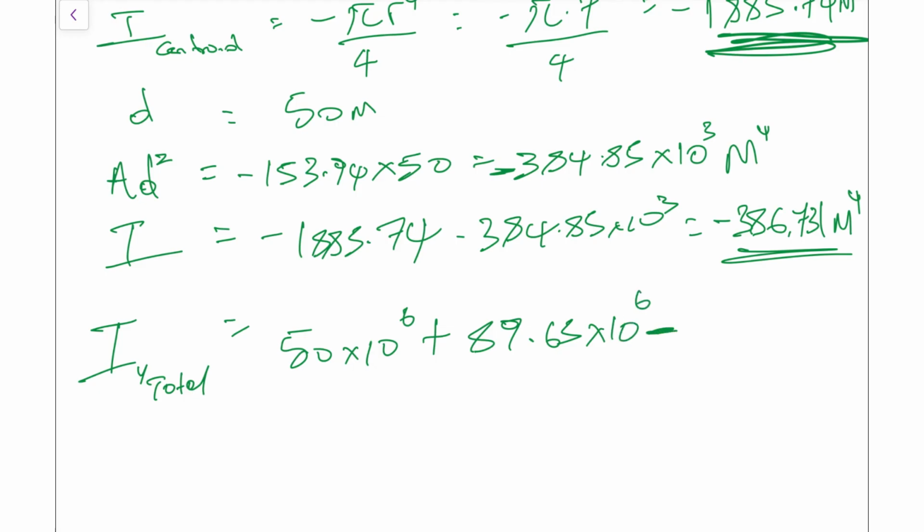And now we need to subtract this one, which is our 386.731. So just about rounded to give 1.39 times 10 to the 8. And in terms of our unit, of course, it's meters to the fourth.